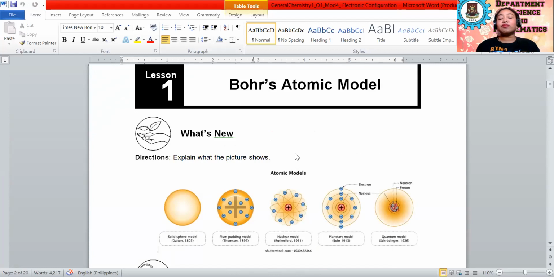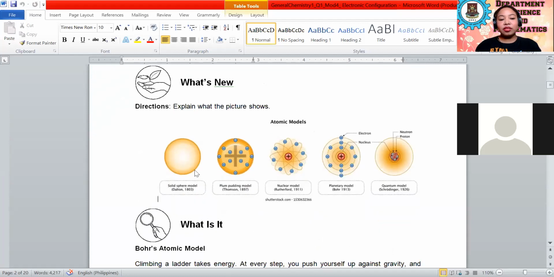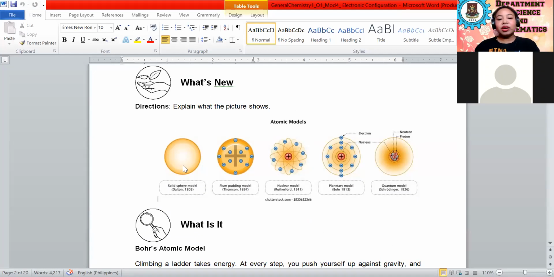Now there are a lot of atomic models that were released in public because of different researches that came through. Like this one by Dalton. Dalton says that an atom is just an empty sphere. And then Thomson discovered that this is not an empty sphere, but rather it has negative particles that move around a cloud of positive.